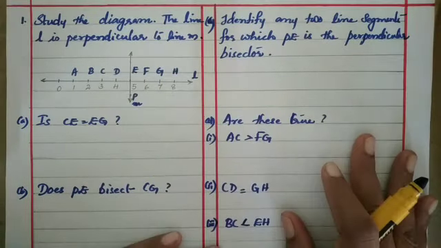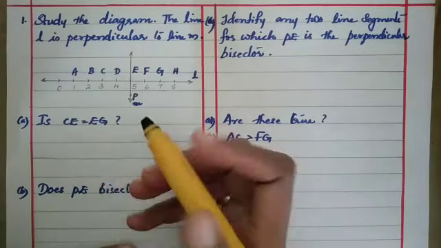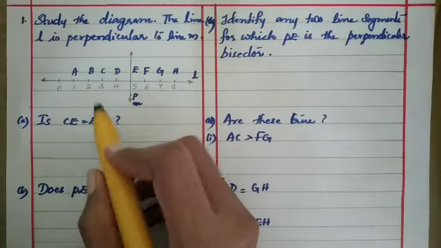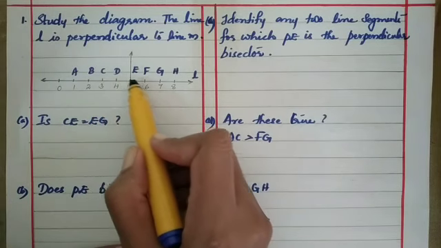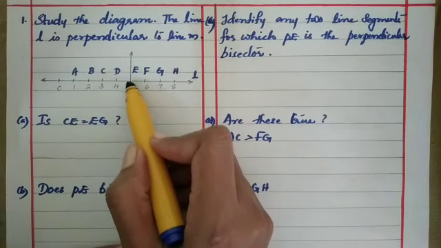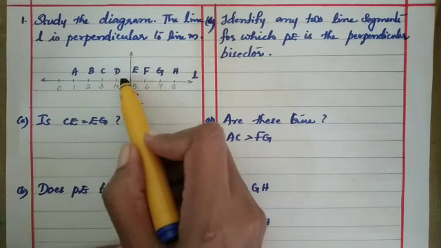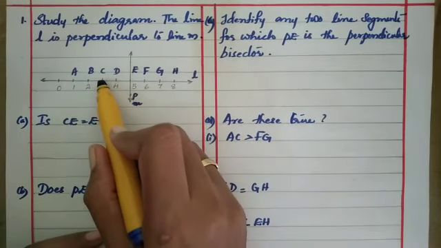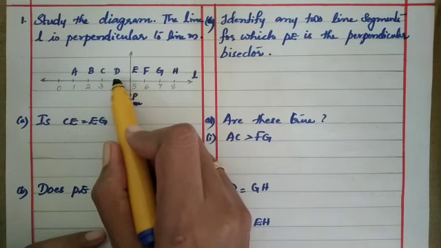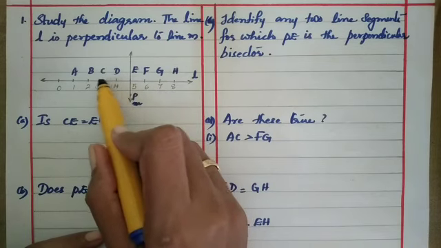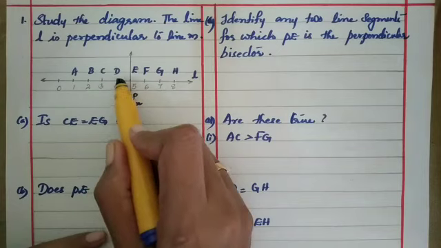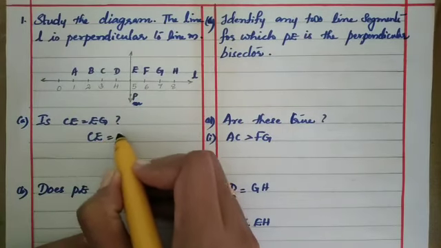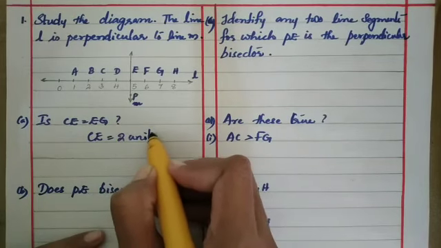So the first question: is CE equal to EG? CE, C to E, how many units? C to D is 1 unit, D to E is another 1 unit, so C to E is 2 units. CE equals 2 units.